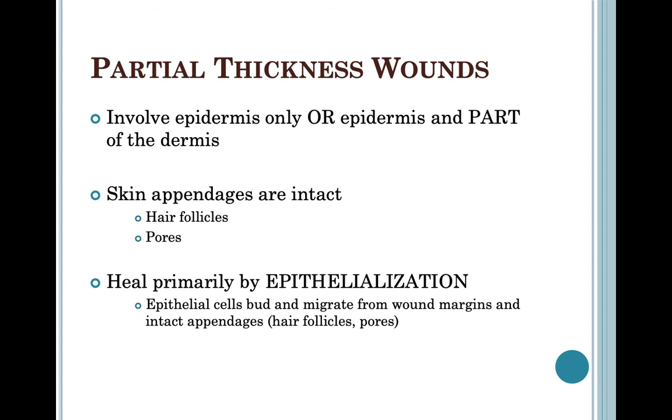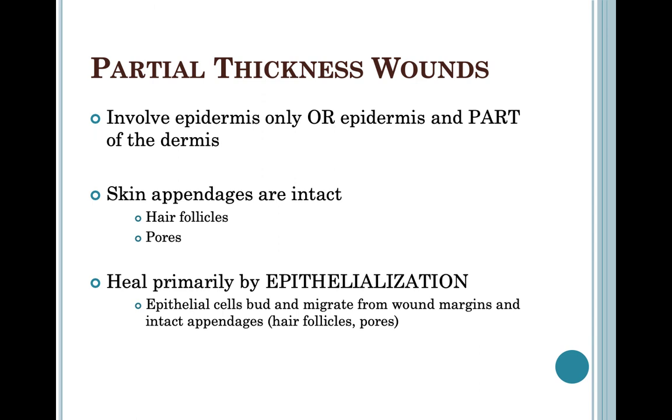Partial thickness wounds are wounds that involve the epidermis only or the epidermis and part of the dermis. So the important thing is that some of the dermis remains intact, and also those skin appendages remain intact. And as we talked about earlier, those skin appendages can form reservoirs of epithelial tissue that can help speed the process of healing.